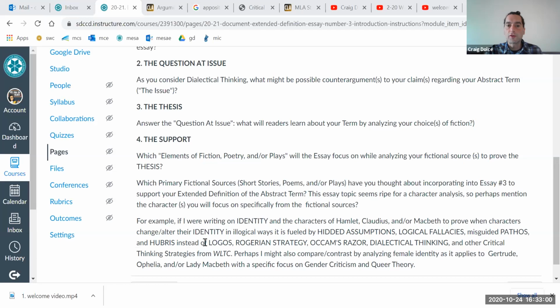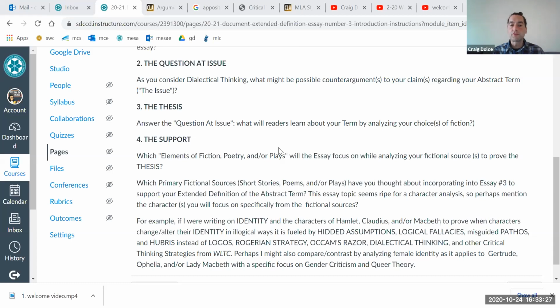And just as we've done all semester, you always want to use the elements of fiction, poetry, and plays when you're analyzing your fiction. Focus on plot: what happens and why is it important? Character: what do they think? How do they behave? What are their actions? What are their feelings? It's always imagery, as possible, literal imagery or symbolic imagery.